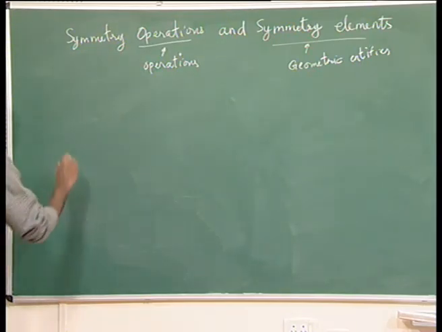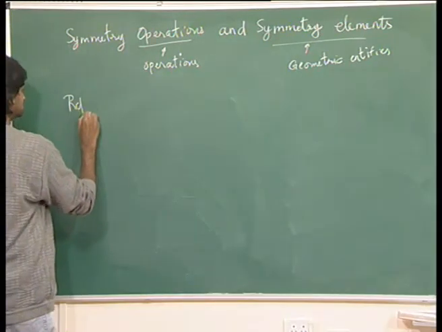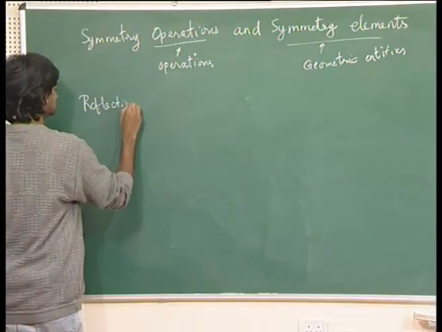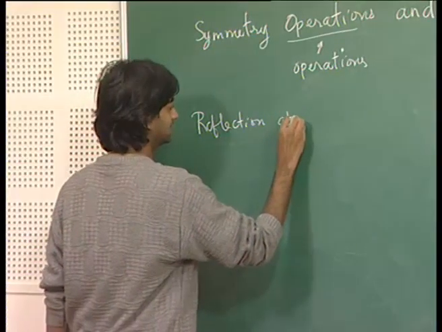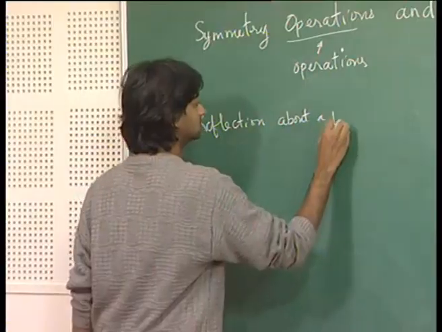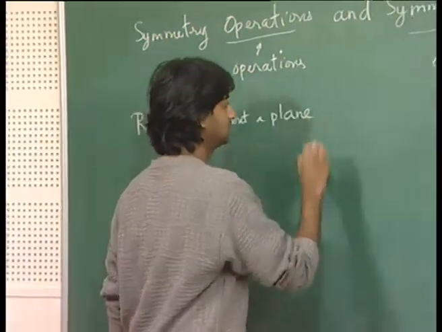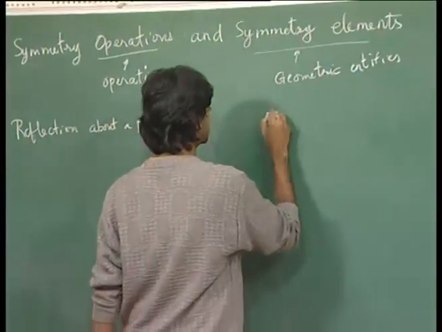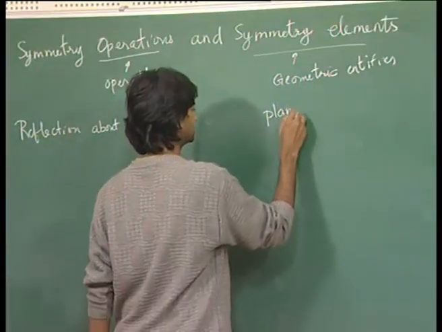The 4 symmetry operations and the corresponding symmetry elements are the following. First is reflection about a plane. The corresponding symmetry element is your plane.